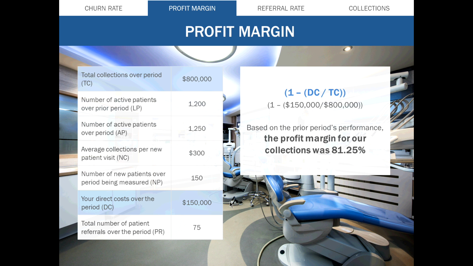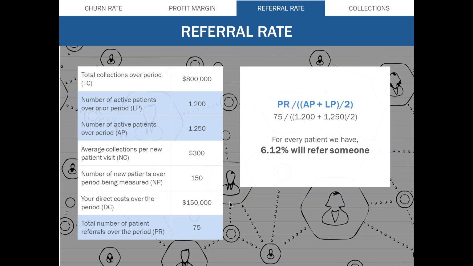For every dollar that comes in to the practice, you get to keep 81.25 cents of that. So that's what the profit margin is. Obviously, you want this to be as high as possible, but this number can be pretty all over the place depending on your practice's philosophies and policies.